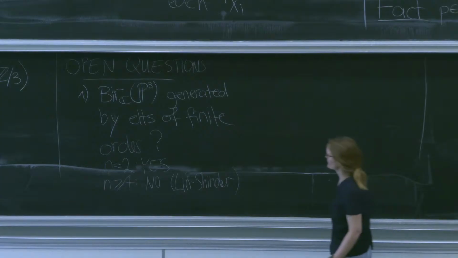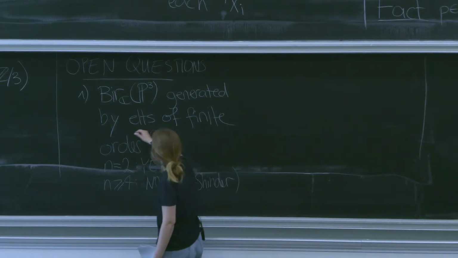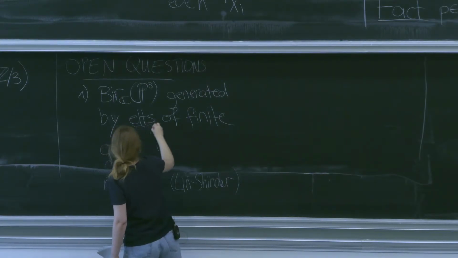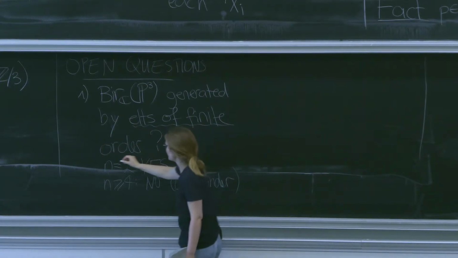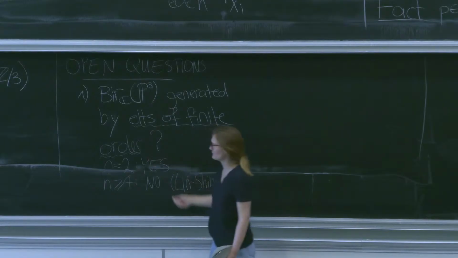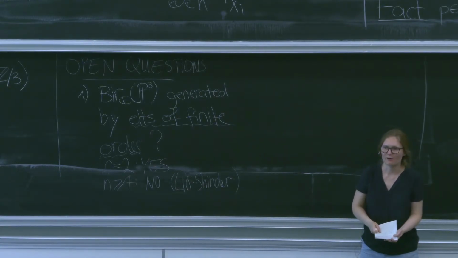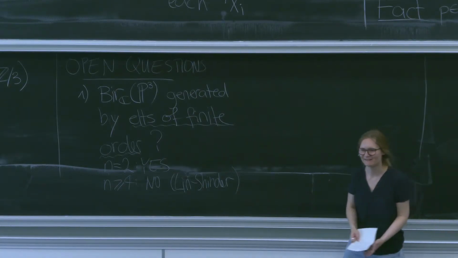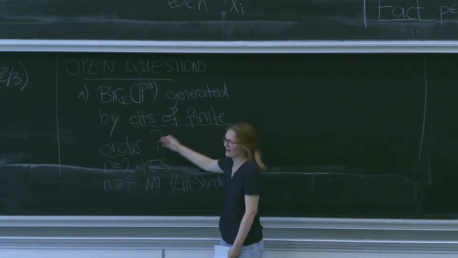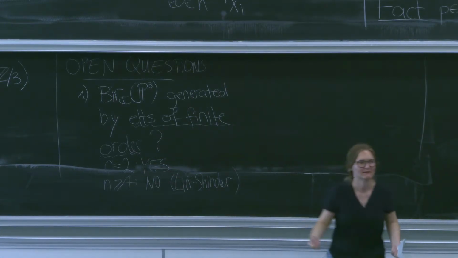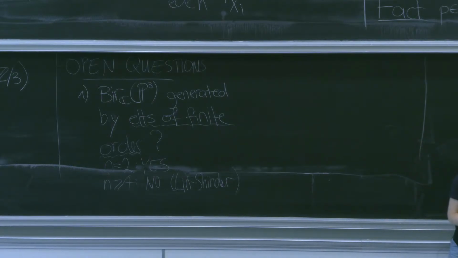Now, in fact, this is a specific generating set, but it would also be interesting to know a generating set of elements that satisfy some property. Here I chose the property of finite order, but it's also interesting to know some other description of elements that generate.